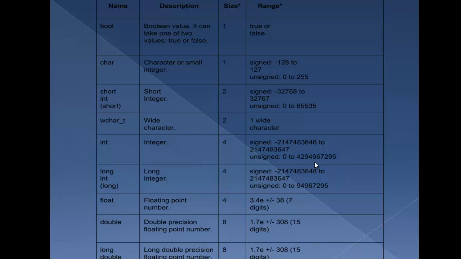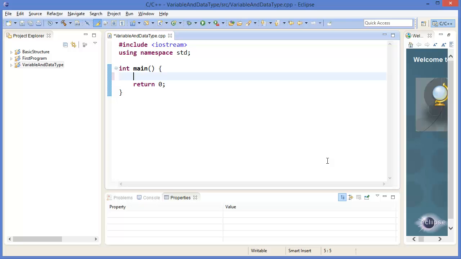So now let's get started with Eclipse. Alright, now declare a variable int x equal to 100. So x is a valid variable with integer data type.